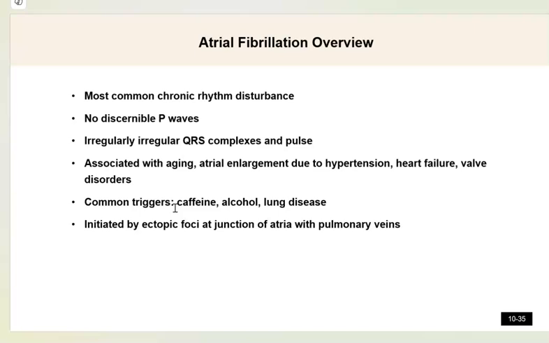We can get AFib as a consequence of aging because we can have the atrial enlargement from hypertension or from heart failure or from valvular disorders.